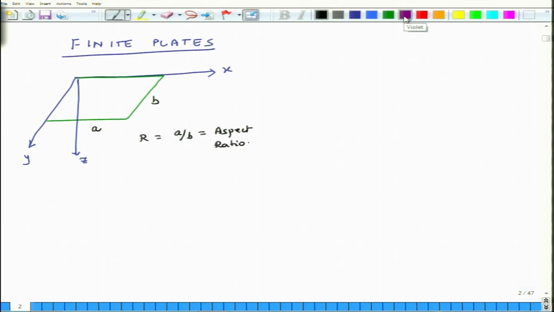Now, first what we will do is we will once again visit the boundary conditions of these plates, because that is important.